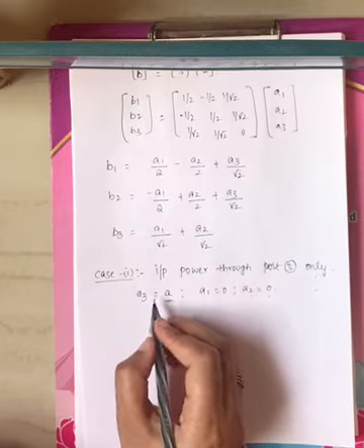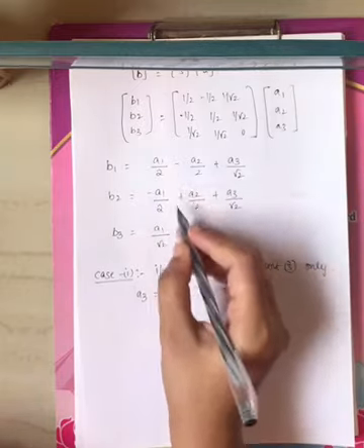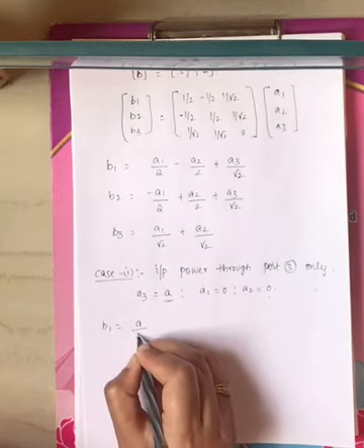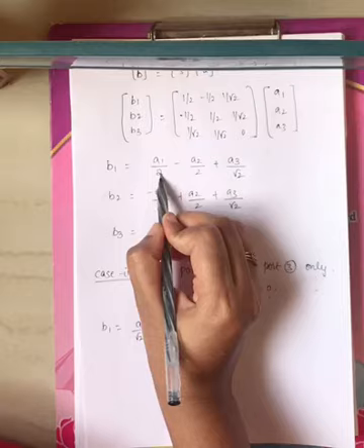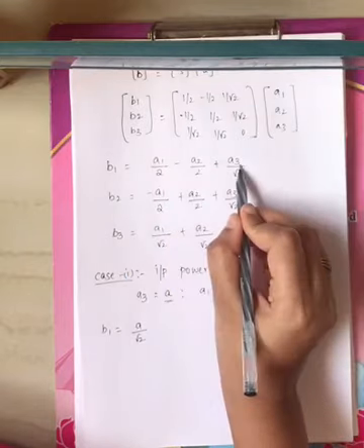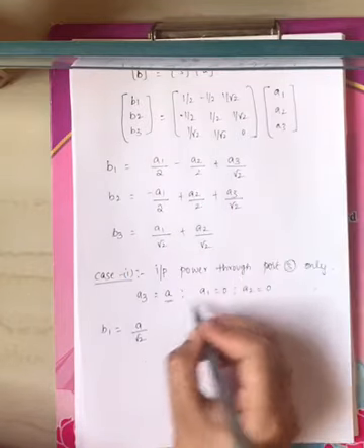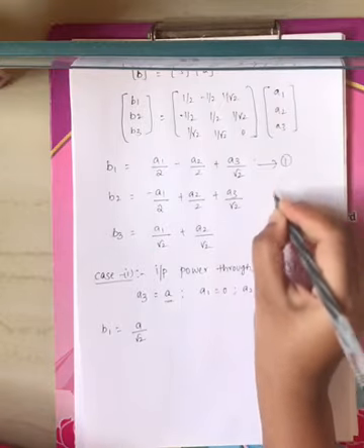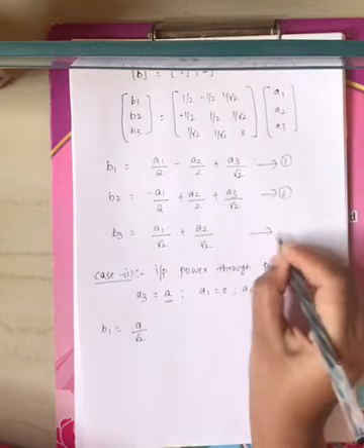Now if I substitute A3 equals A, what is B1? You will get A by root 2, because A1 is 0, A2 is 0, and A3 is nothing but A. Substitute these values in the equations, and represent them as equation 1, equation 2 and equation 3.